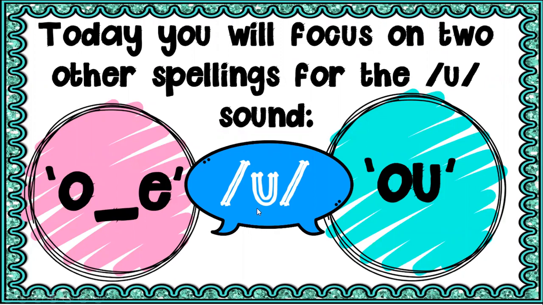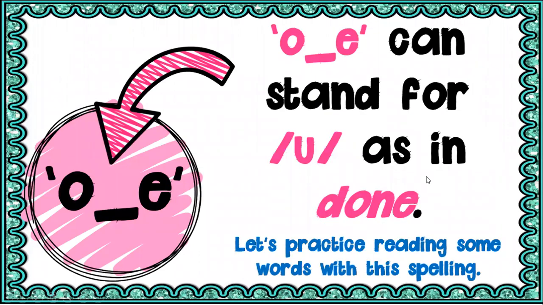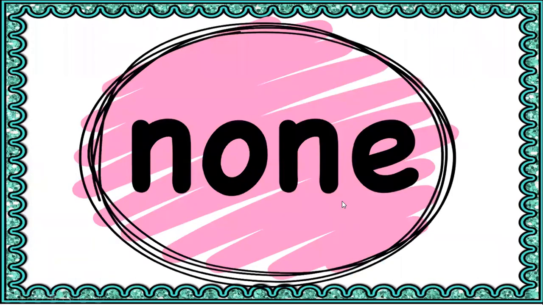You're going to have the sound made with O consonant E, and OU. So typically these would stand for the sound O, but today they're going to make the sound like in done. Now let's read some words that are similar to these.